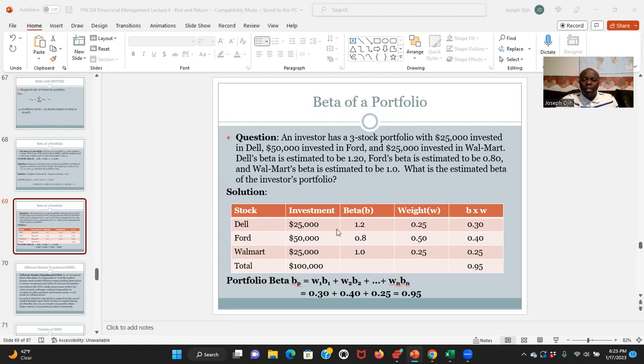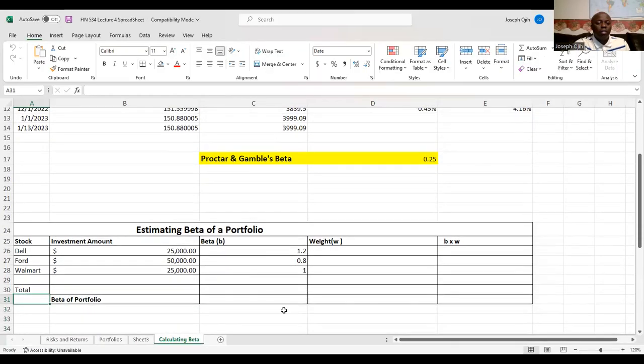The first thing to do is to put them in a table like this, so you can get the weight. To make it easier and faster, I use Excel, so I'm going to take you to Excel where I put the stocks in. Let's find the total investment.